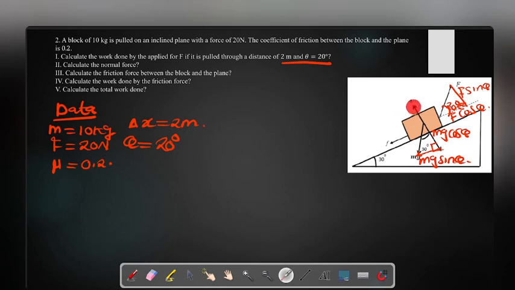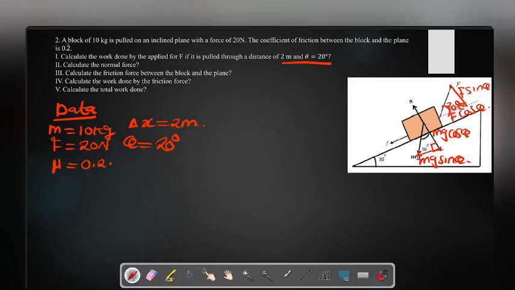Also in the y, we have the normal force, which is the upward force, and also the gravitational force, which also acts at an angle. So our gravitational force has two components, the x component and the y component, following the rules of trigonometry.